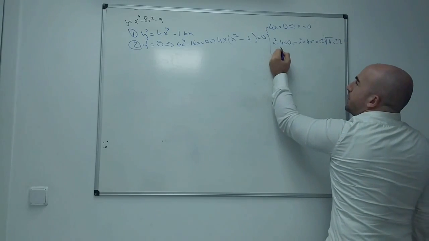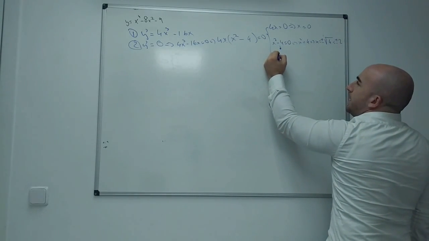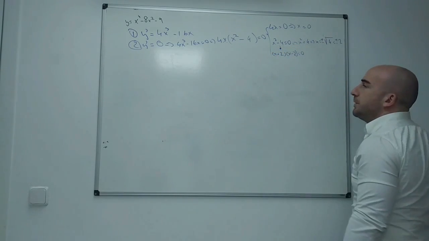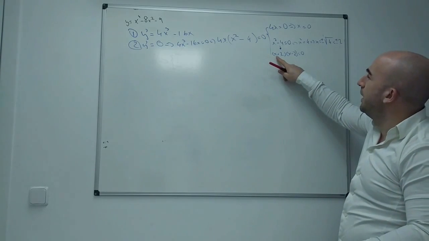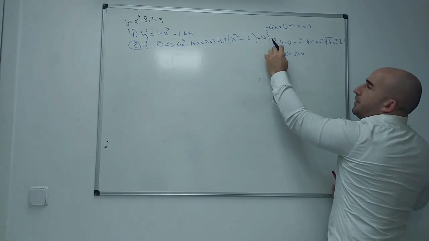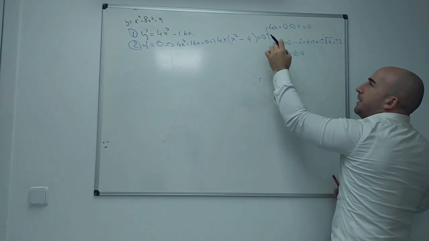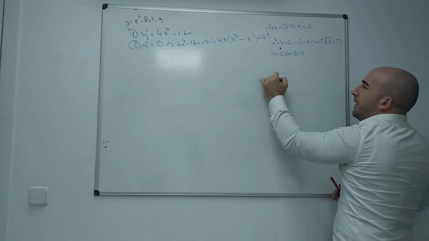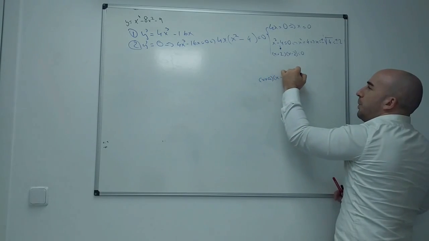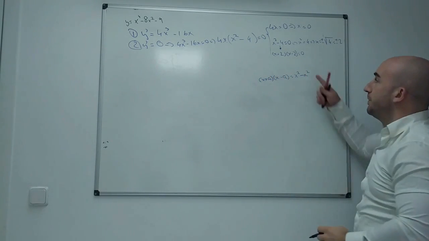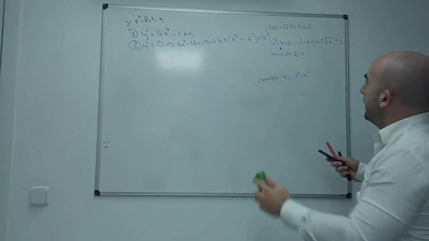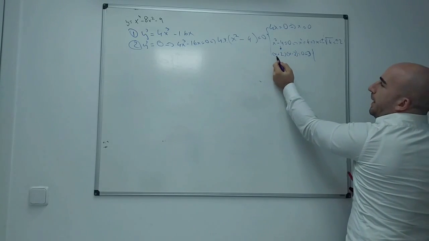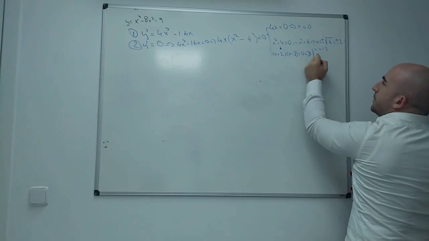The other way, which I like best, is that this is a known factorization: x plus a times x minus a gives x squared minus a squared, which is the case. So we can factorize it easily, and then those two give x equals minus 2, x equals 2.